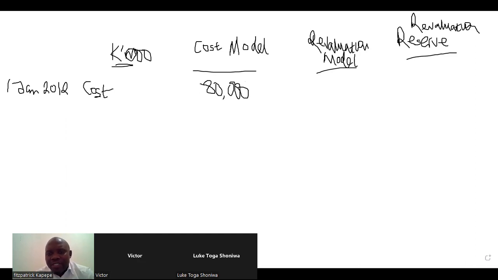So the lifespan was 20 years, meaning that per year, what was the depreciation? 4 million. From 1st January 2012 to 1st January 2015, how many years passed? 3 years.